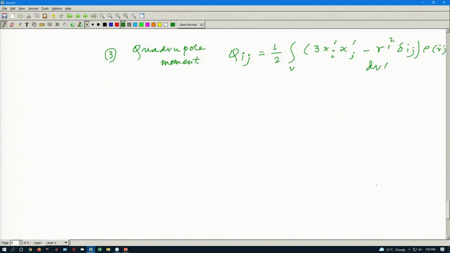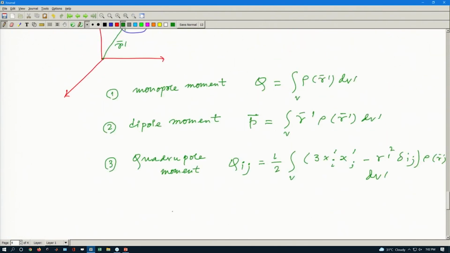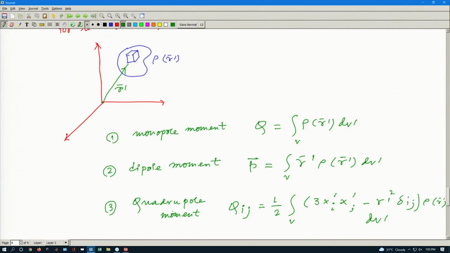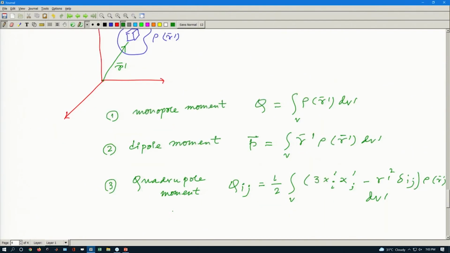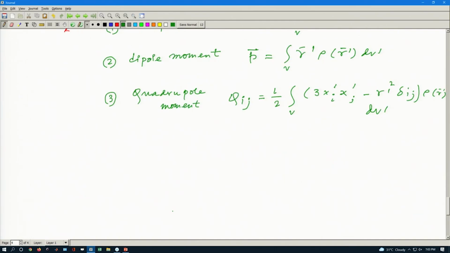I don't have much time today to discuss further. So in the next class maybe I will discuss one problem where we calculate the quadrupole moment exploiting this expression which is now on the screen, and then once you do the problem, you can understand how the quadrupole moment can be calculated, and then we will end our discussion on these moments.